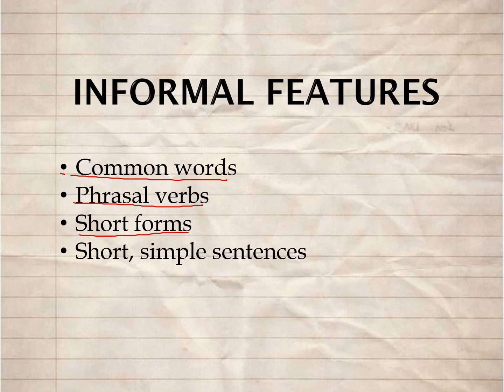We can use, for example, he's, or I'd, instead of he is or he has, I would. And you can use short or simple sentences. Short sentences, we mean that you can omit the verb, come on, see you, and so on.